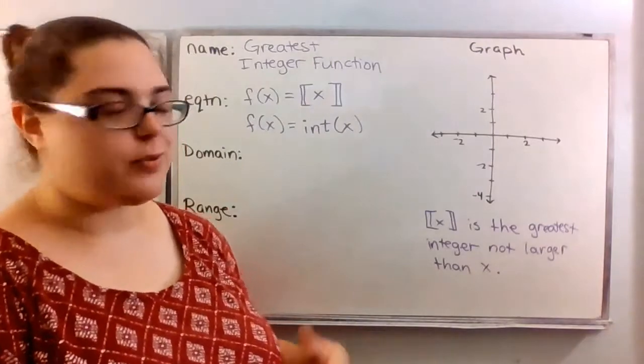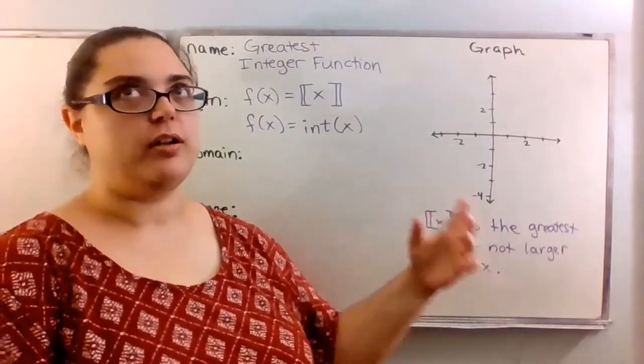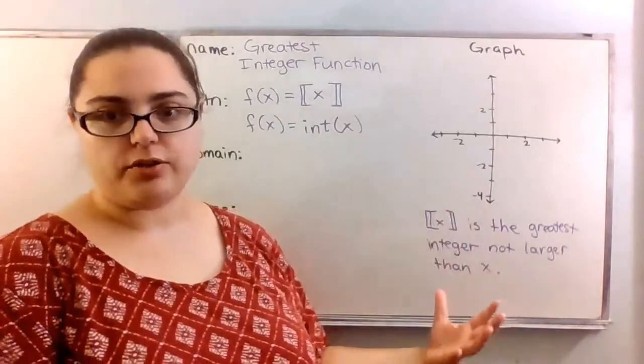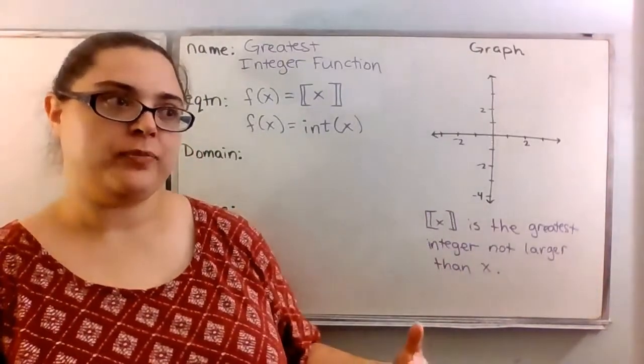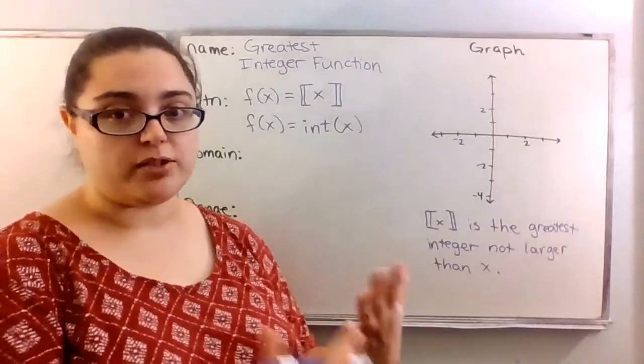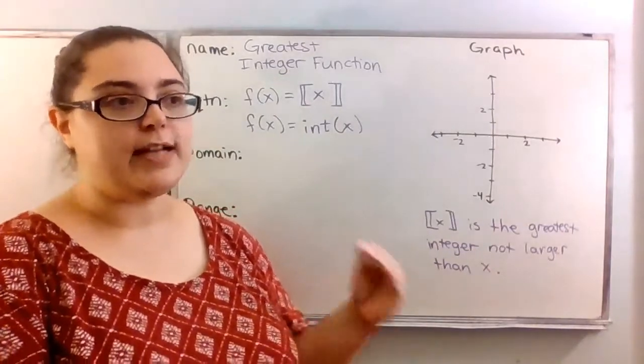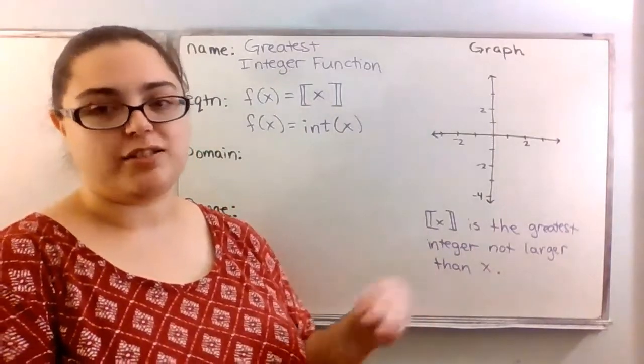In other words, we want the biggest integer that's not going to exceed the value I give you. So if I gave you 2.3, the biggest whole number that's not larger than 2.3 is 2.